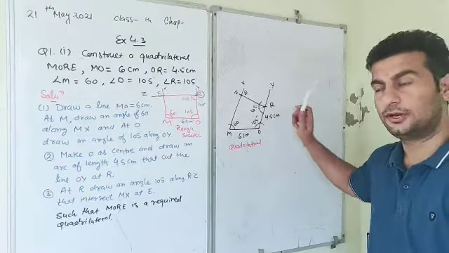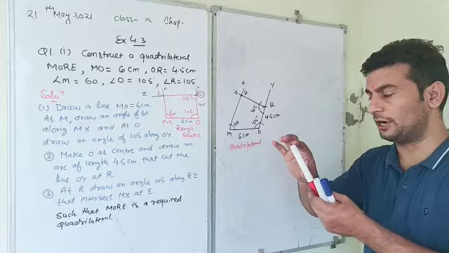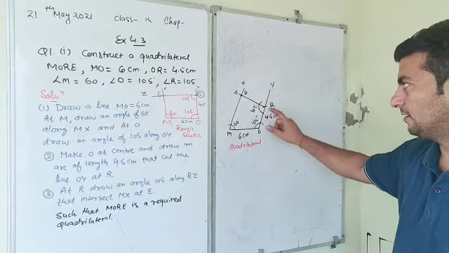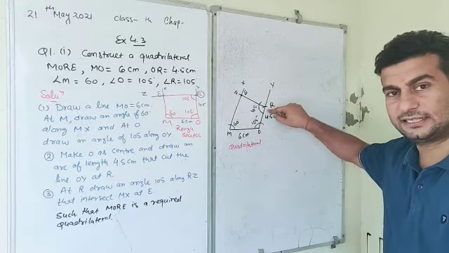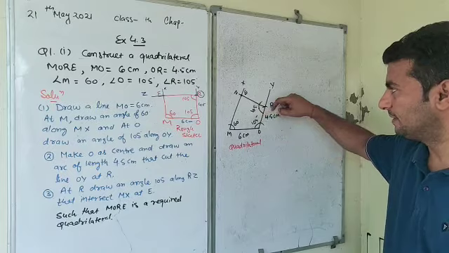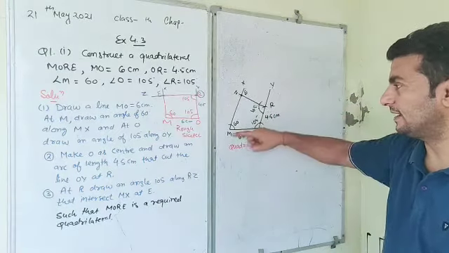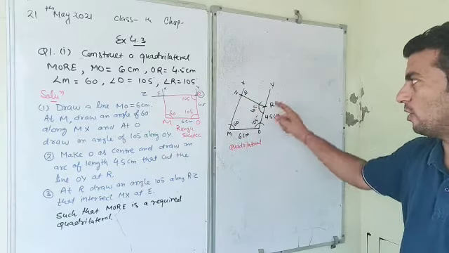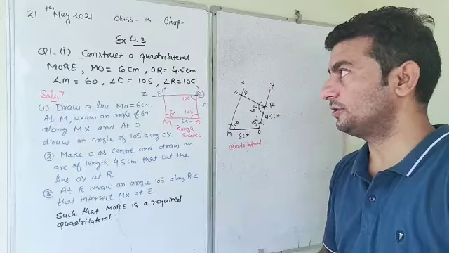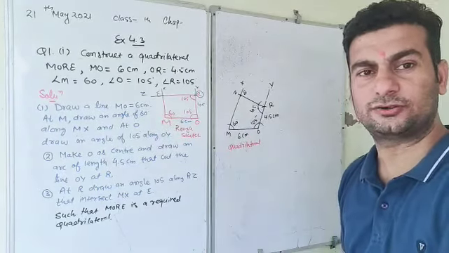Now make O as a center, open the compass at the length of 4.5 centimeter, and make a cut on the OY at R. Make R as a center and draw an angle of 105 along RZ that intersects MX at E. So MORE is the required quadrilateral. Okay. Now in the next question you have to construct by yourself. I will draw only the construction.